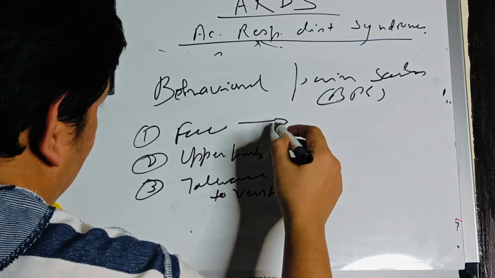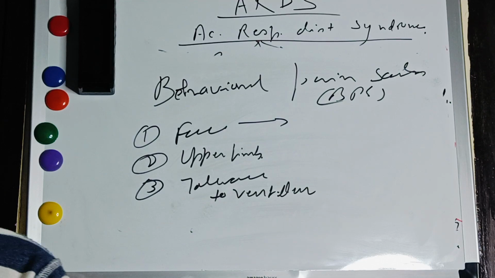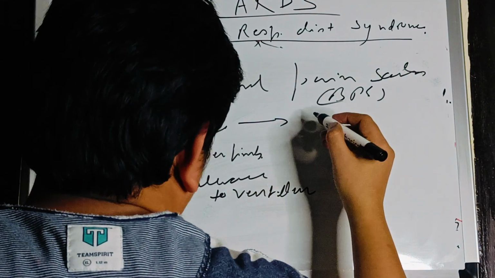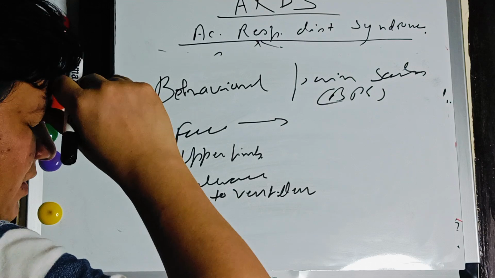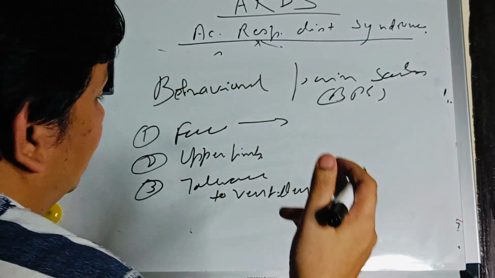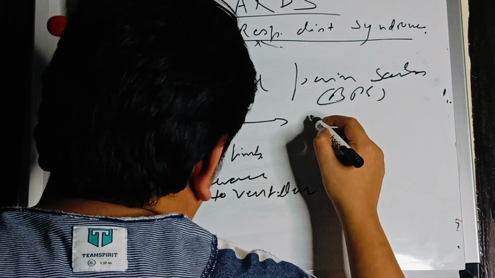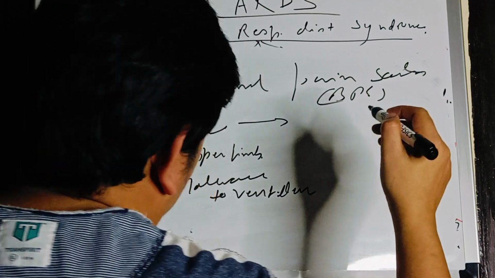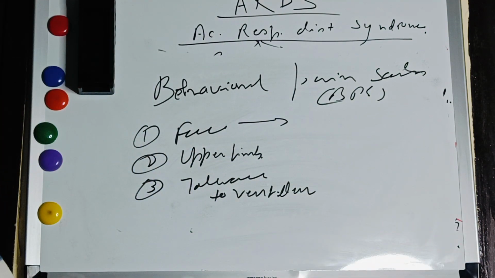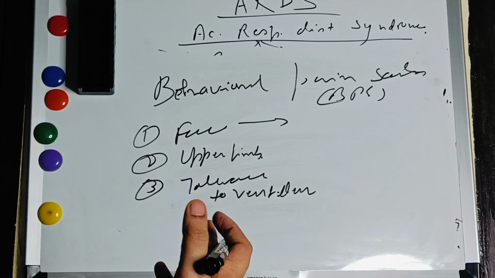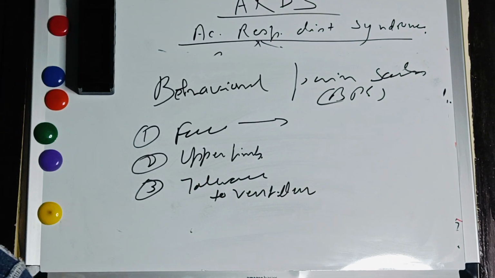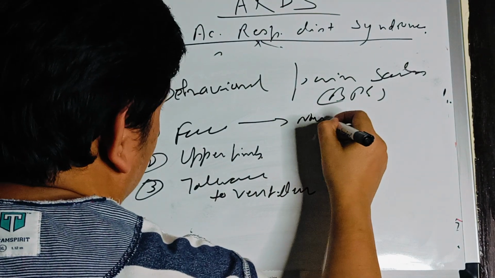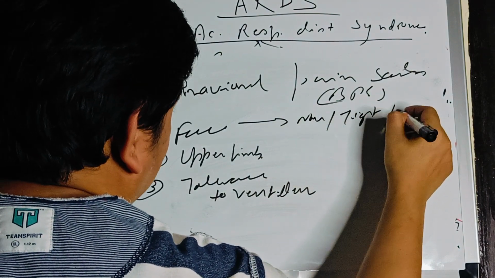Face, if the face looks calm, normal, then it's normal, and then face is rigid or tight, so very tight or mildly tight, and patient is grimacing. So normal, tight, and grimacing.